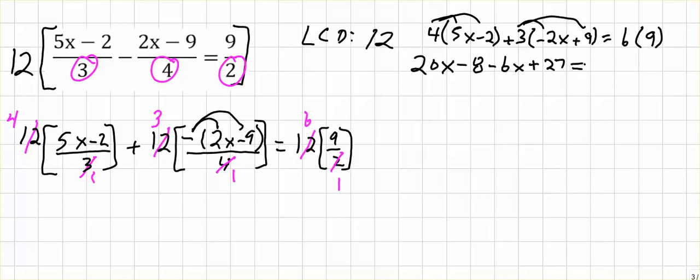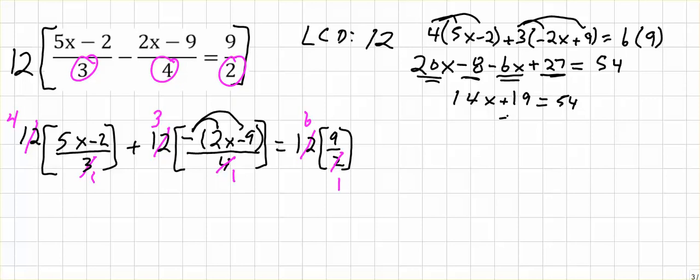And then 6 times 9 is 54. Now we have some more simplifying to do. The minus 8 and the 27 gives us 19. The 20x and the minus 6x gives us 14x plus 19 equals 54.